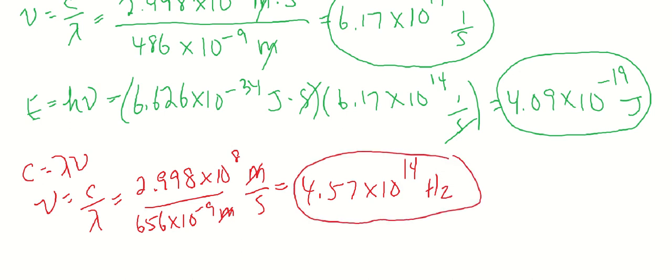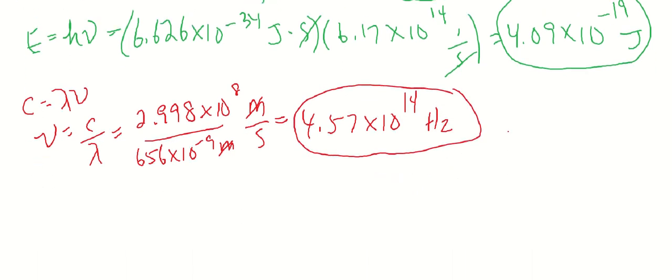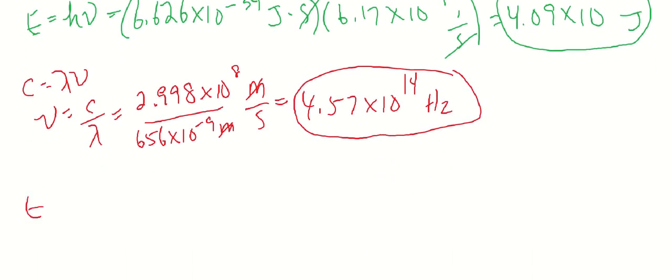Let's go back to hertz. Energy of that photon is Planck's constant times the frequency of that photon, and Planck's constant is given to you.